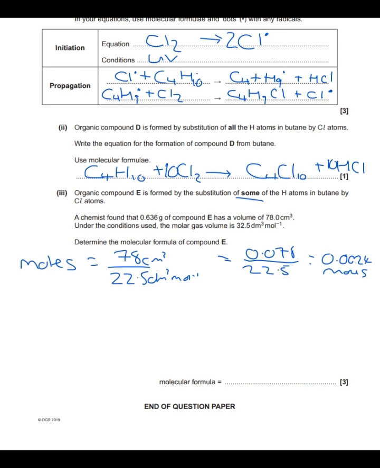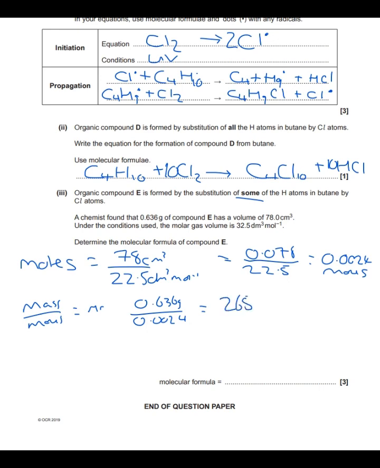So now what we can do is, using moles equals mass over Mr, we can rearrange that to get mass over moles equals Mr, because we know what mass we've got. We've got 0.636 grams divided by the moles we've just got, 0.0024, and that would give 265.